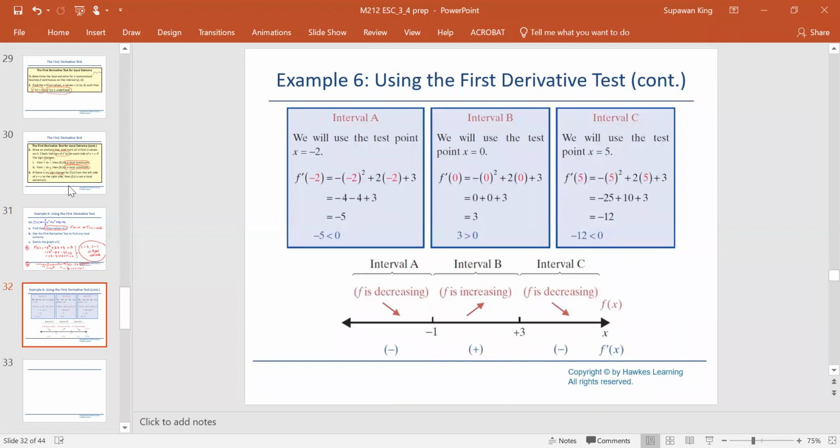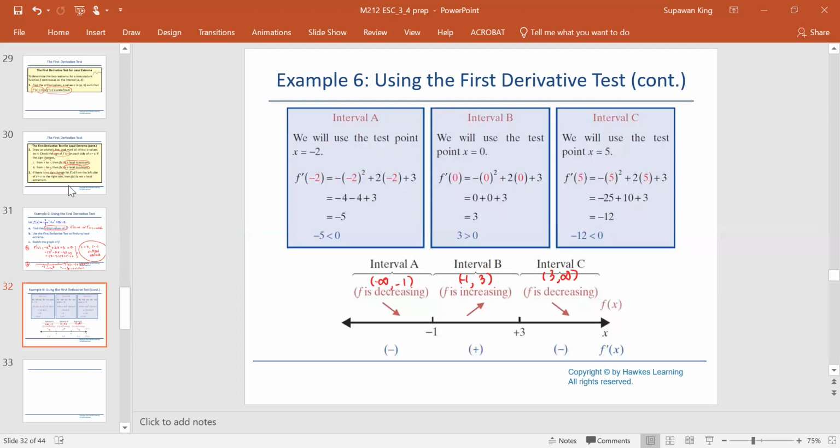For the summary of the sign analysis, there is a negative sign on the right, a positive sign in the middle, and a negative sign on the left. That means the graph is decreasing from negative infinity to negative 1. From negative 1 to positive 3, the graph is increasing. From 3 to infinity, the graph is decreasing.